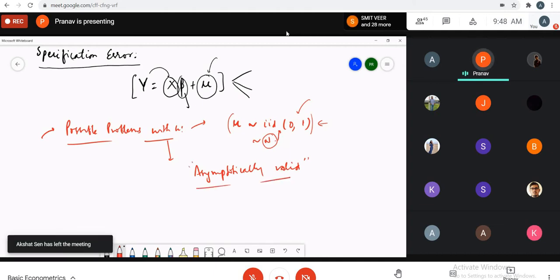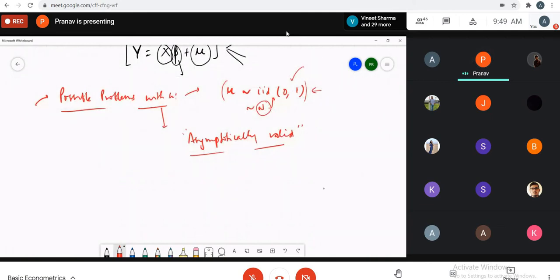Because the inferences that we draw based on a small sample will be drawn out of a non-normal error distribution. So if the sample size increases sufficiently large, the inferences we have drawn will be valid. So your OLS estimators remain unbiased, efficient and consistent, but inferences drawn out of non-normally distributed error terms are only valid asymptotically. Asymptotically means for large samples. So it is not that much of a problem as far as specification error is concerned.